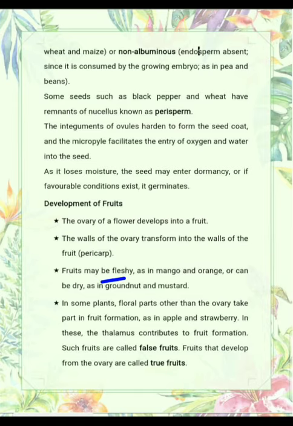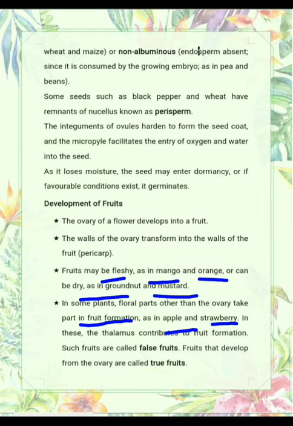Fruit may be fleshy as in mango and orange, and can be dry as in groundnut and mustard. You are aware of dry fruits and fleshy fruits. In some plants, floral parts other than the ovary take part in fruit formation. Normally, the ovary converts into fruit, but in some plants, floral parts other than the ovary take part in fruit formation, as in apple and strawberry.